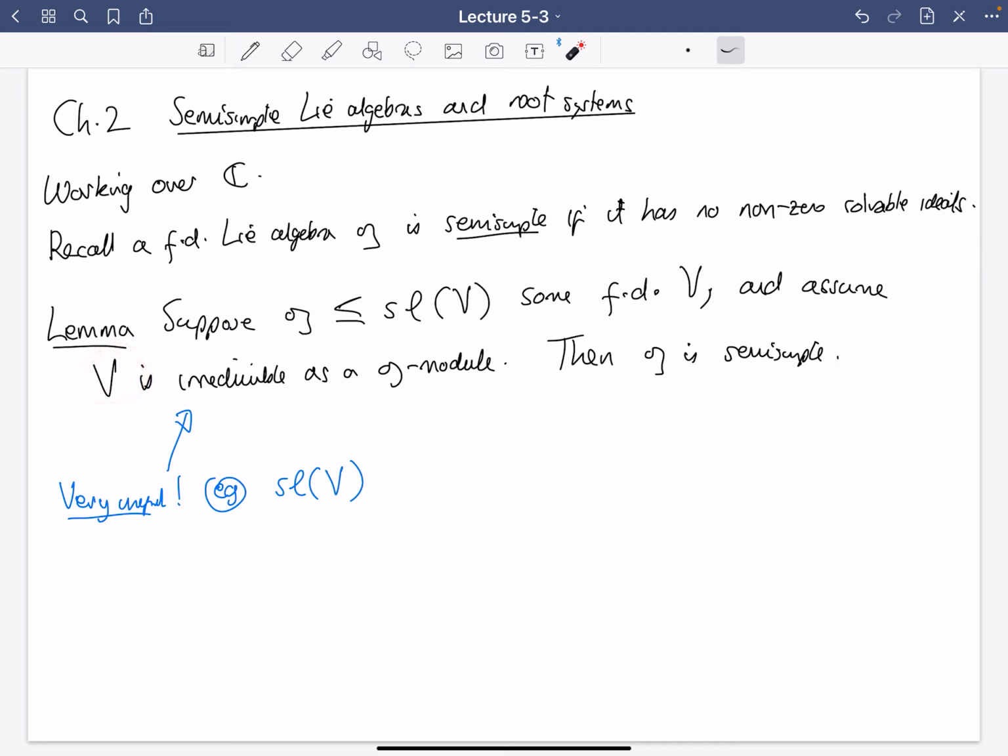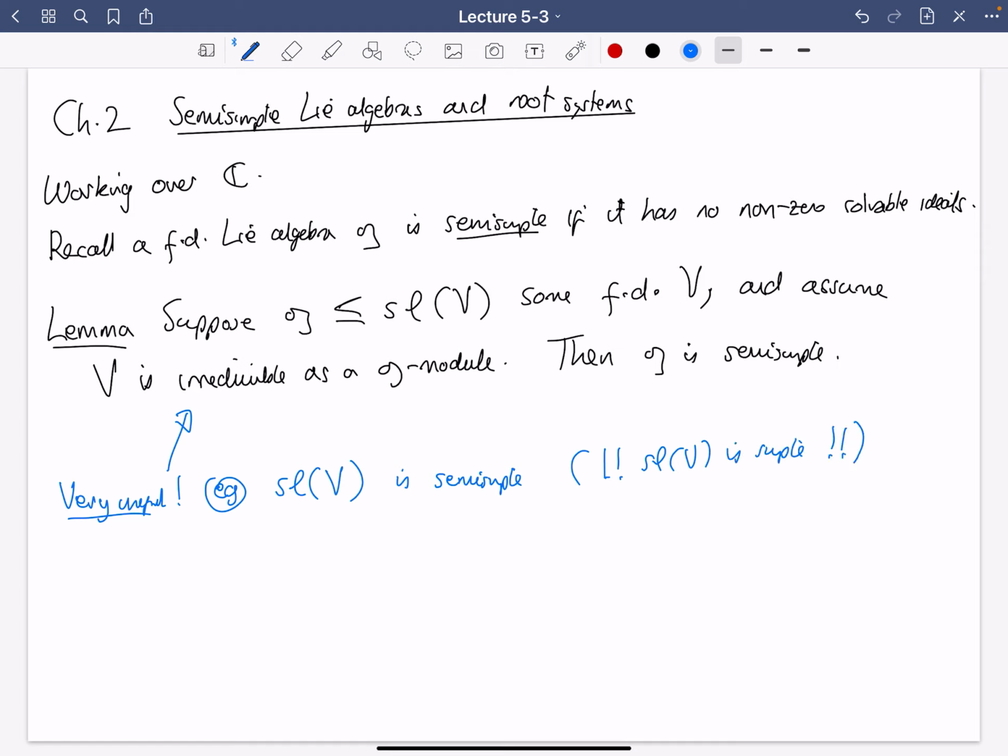I mean, for SLV, you can take any basis to any other basis, up to a scalar multiple. So this lemma applies immediately to SLV. So SLV is a semi-simple Lie algebra. You probably already have noted that SL of V is a simple Lie algebra, so that's not too impressive.